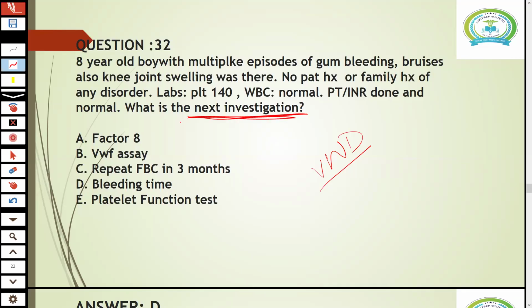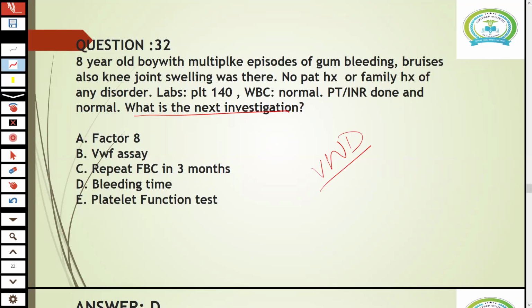Because we don't directly go with the factor 8 or the von Willebrand factor assessment. They have asked for the next investigation.